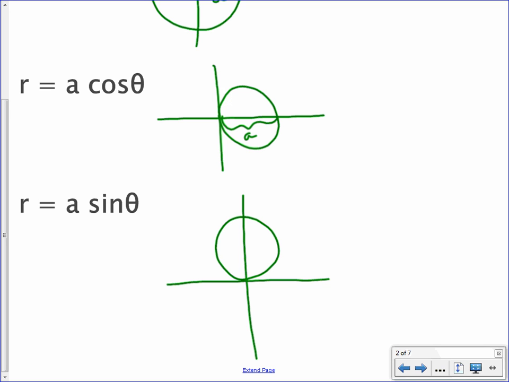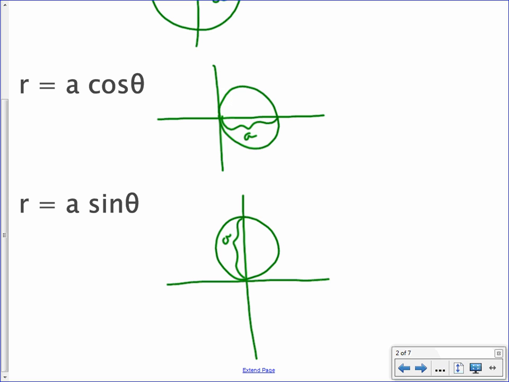If it was negative, we would have to flip it down, right? So we still have that symmetry about the vertical axis. And A is representing the diameter. These should be the easiest of all of the graphs, your circles.